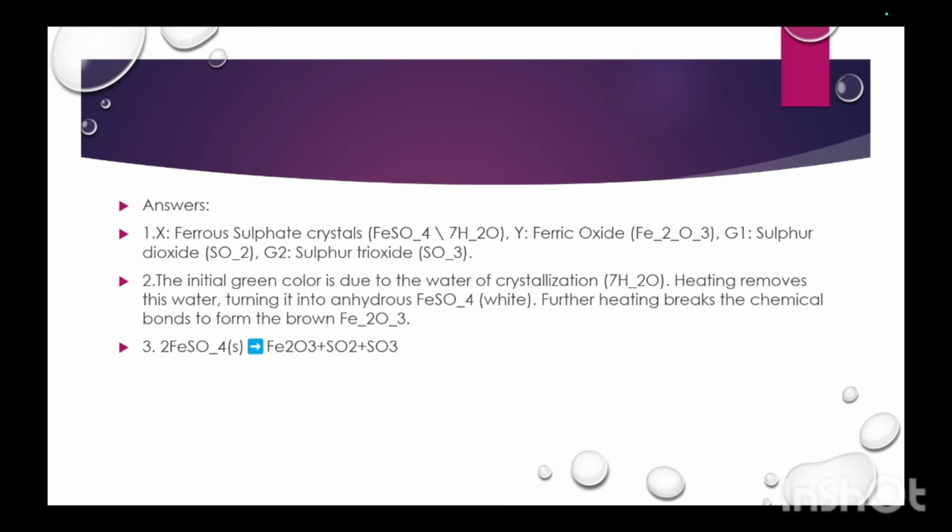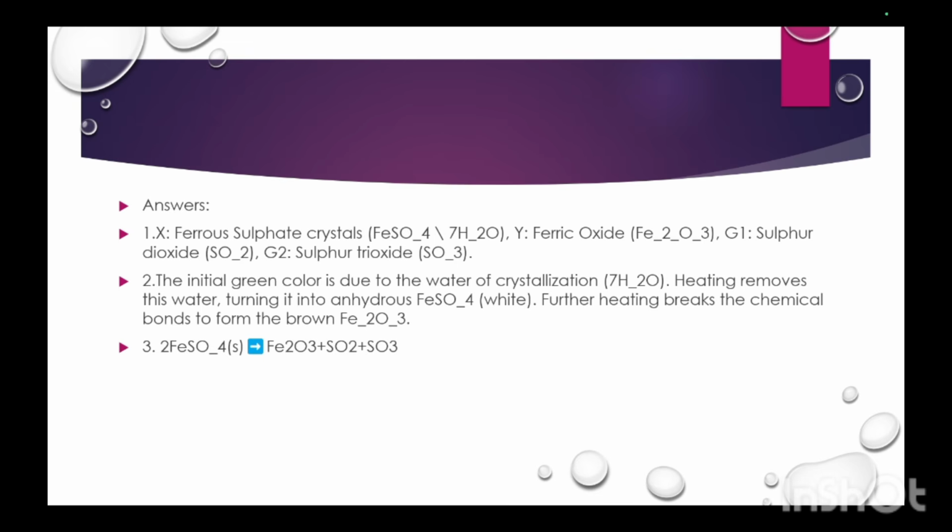X is ferrous sulfate crystal, that is FeSO4·7H2O. Y is ferric oxide, Fe2O3. G1 is sulfur dioxide, and G2 is sulfur trioxide. Answer number 2: the initial green color is due to the water of crystallization, 7H2O.